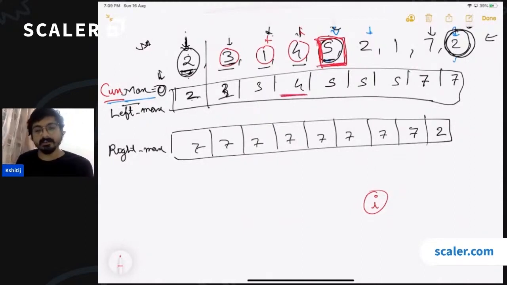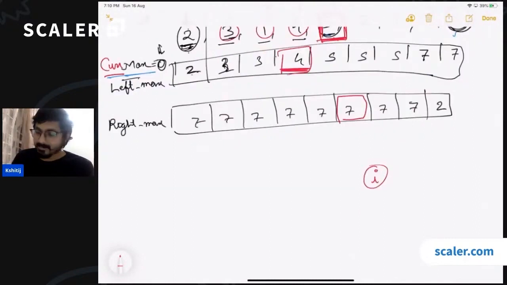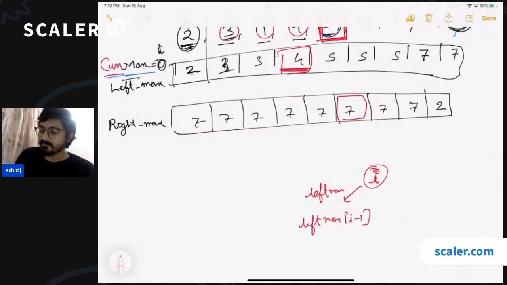We have already calculated it. The maximum bar on the right side of this bar is present here. If we are talking about the ith index, the left max is stored at left max[i-1], and the right max is stored at right max[i+1].